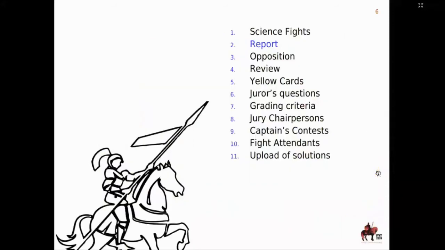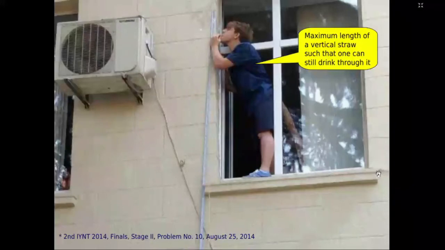Okay, report. Obviously, the report is something the most exciting in the IYNT, because many teams have spent weeks and months working on exciting science projects. Here you can see our experienced juror and jury chairperson and host, Georgi Homeriki from Georgia. But on this picture, Georgi is still team captain at the IYNT 2014, 6 years ago, when he's making an exciting demonstration about the maximum length of a vertical straw such that one can still drink water or other drinks through the straw.